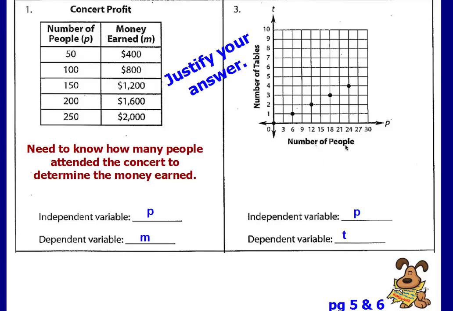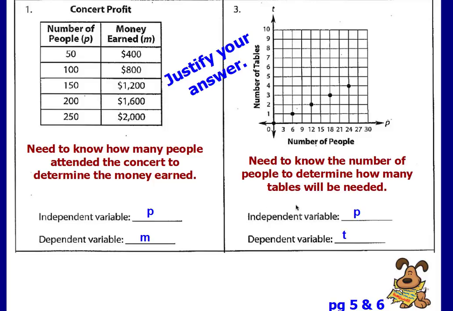Okay, we need to justify that the number of people is the independent. Well, think about it. If you're going to have a party, a big party, maybe a wedding, okay, you need to know the number of guests or the number of people to determine the number of tables you need to have, don't you? So justifying it, you're going to write, need to know the number of people to determine how many tables will be needed.